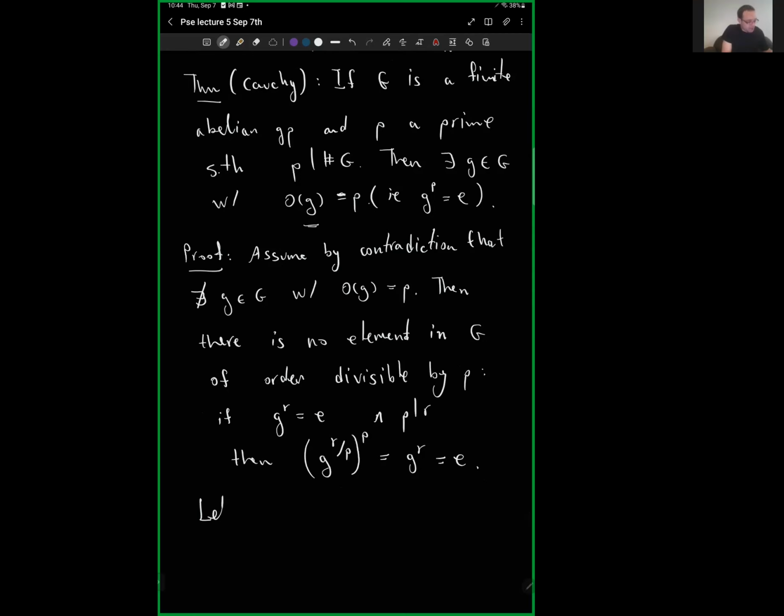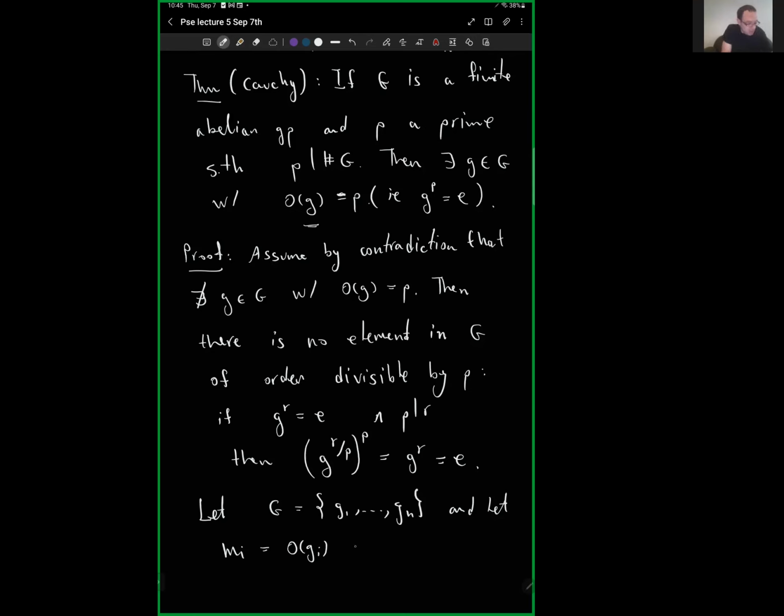So let g1 up to gn be some enumeration of the elements of G, and let mi be the order of gi. Right? Each of the gi's has some order.